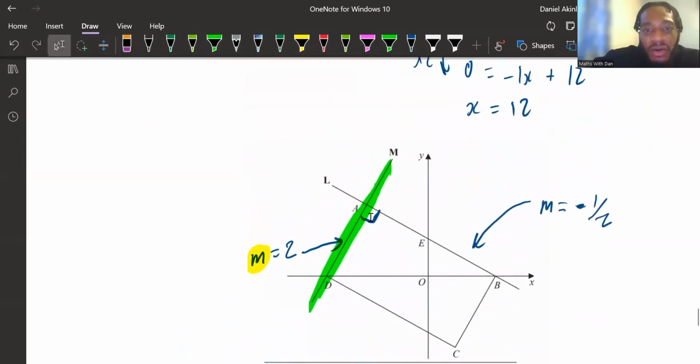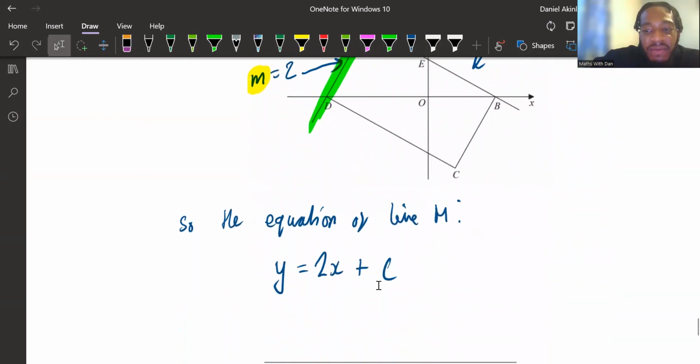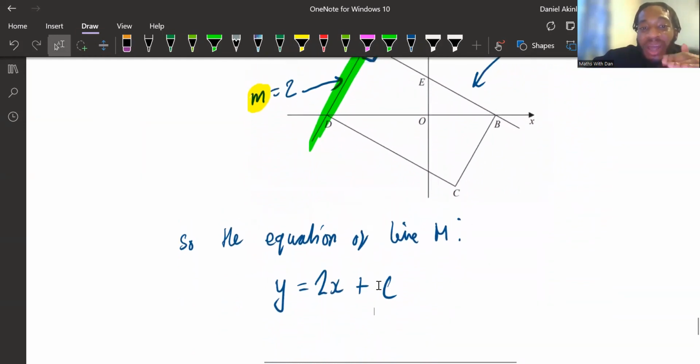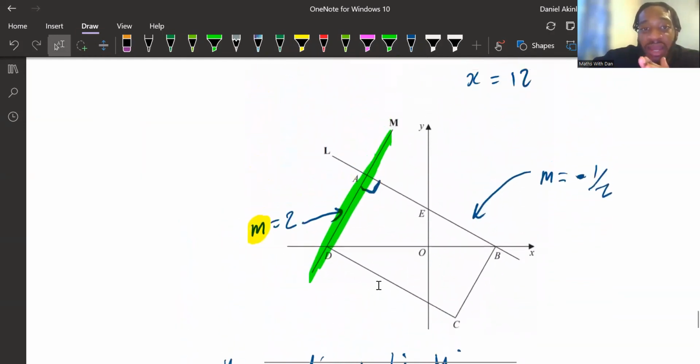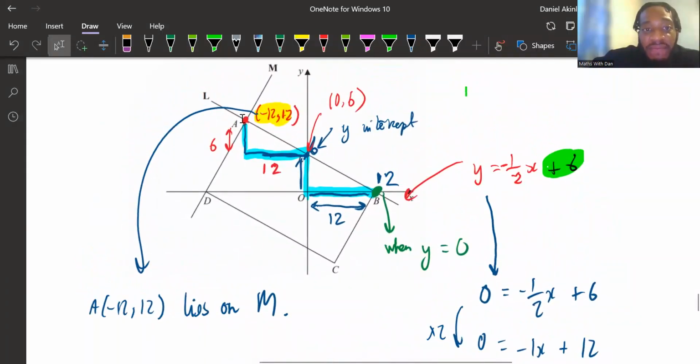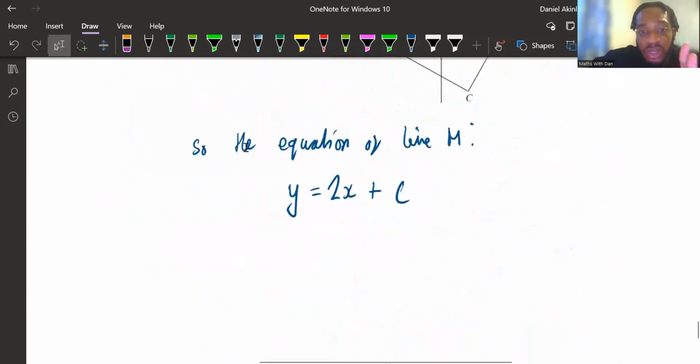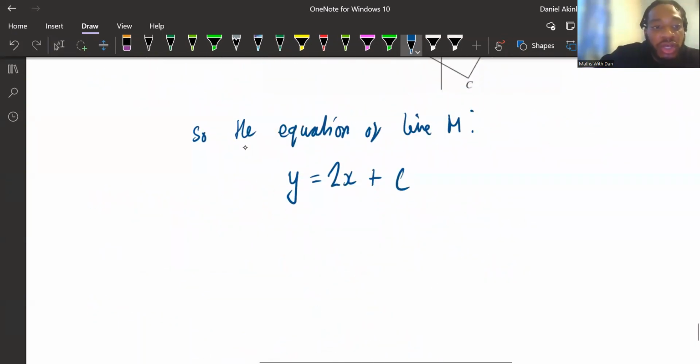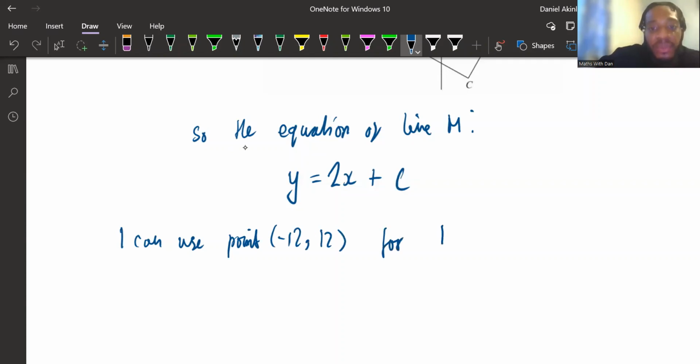Now, remember how we find the y-intercept? We plug in a coordinate that we know lies on our line. Remember what I made a note of? The point A lies on M, so the point (-12, 12) lies on the line in question. So I can use the point (-12, 12) for M.